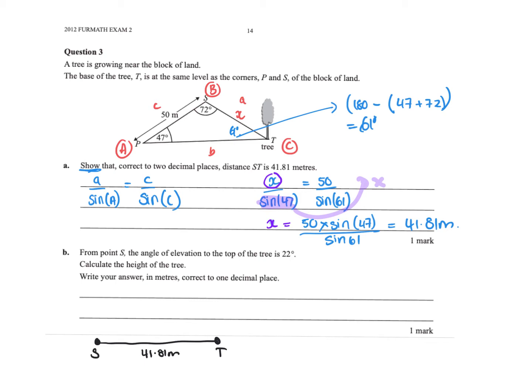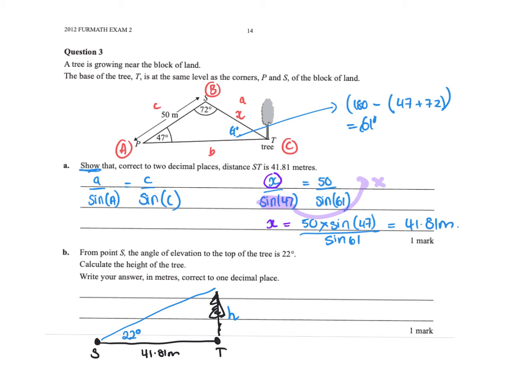Now they said from the point S, the angle of elevation to the top of the tree. So if we had this little tree here, the angle of elevation to the top of the tree is 22 degrees.